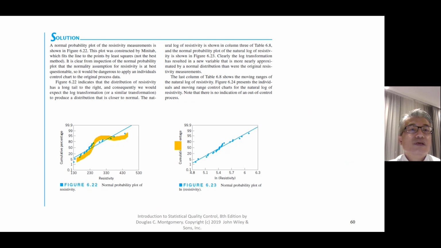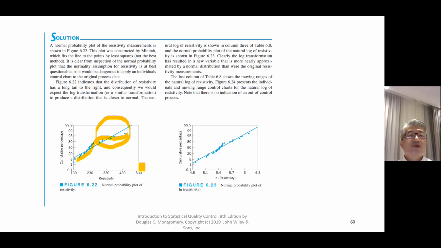So it would be dangerous to directly apply an individual control chart to the original process data. Sometimes we don't dare to do so, so you need to do some checks before we really use it. Figure 6.22 indicates that the distribution of resistivity has a long tail to the right, right here.